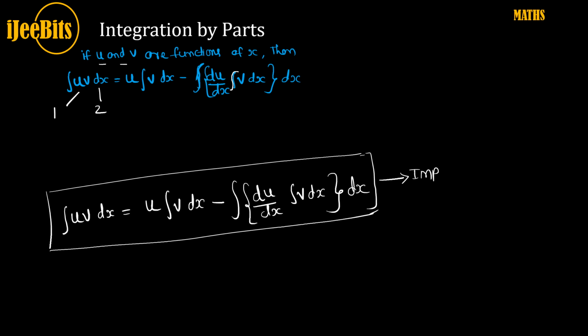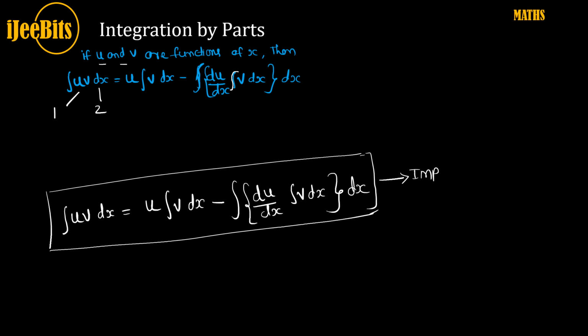Think about sine inverse x, cos inverse x, tan inverse x. Whatever is not directly integrable, you can always take as the first function. With that you can use the differentiation concept, right? As a u. Then you will be able to solve the problem. Are you clear? This is one thing that we need to understand.